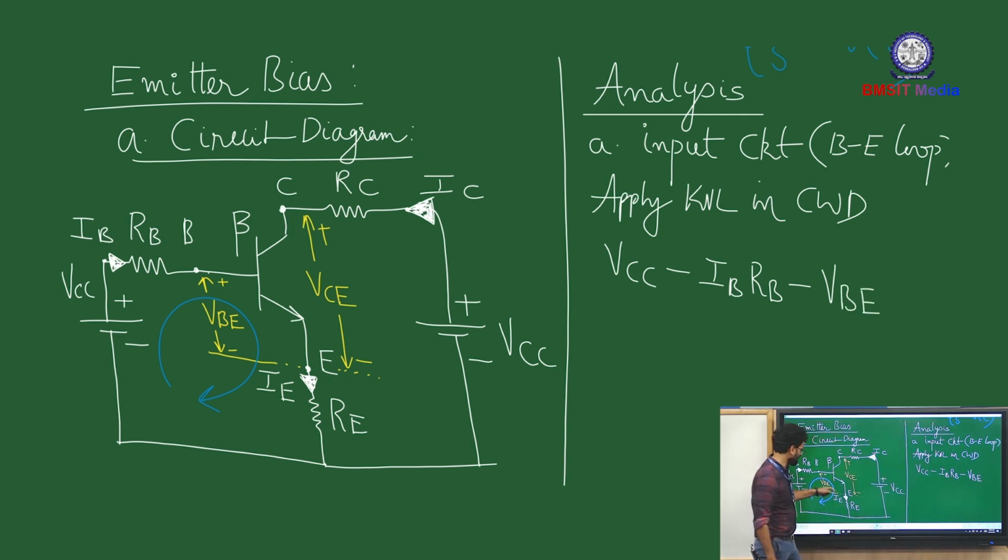Then there is a potential drop across resistor RE, which is IE into RE, so the drop is minus IE RE. There is no element in this path, so this is equal to 0.